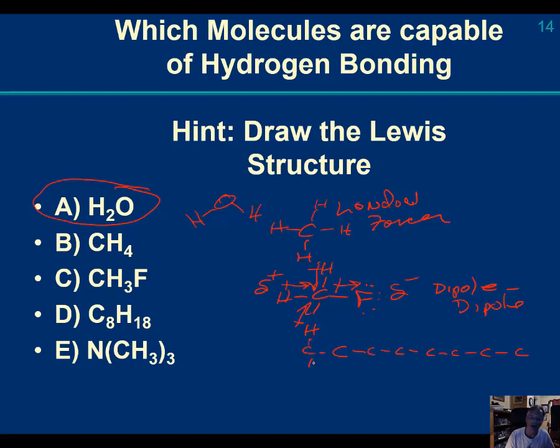There are hydrogens on each one of the carbons. There are 4 bonds to each carbon. It's a completely non-polar molecule, so London forces, also known as dispersion forces, van der Waals forces, these are the only forces that the molecule can exhibit.